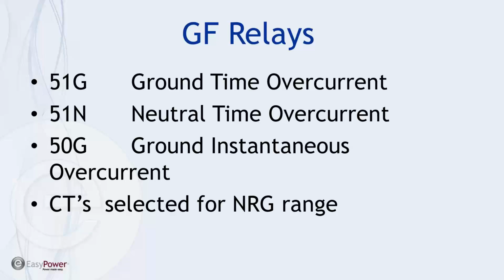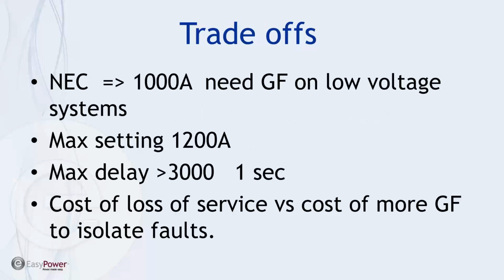And then it's necessary to select CTs in anticipation of what that ground current monitoring needs to be so that you're not necessarily overstressing an overcurrent CT, or if you're using a zero sequence detection relay.